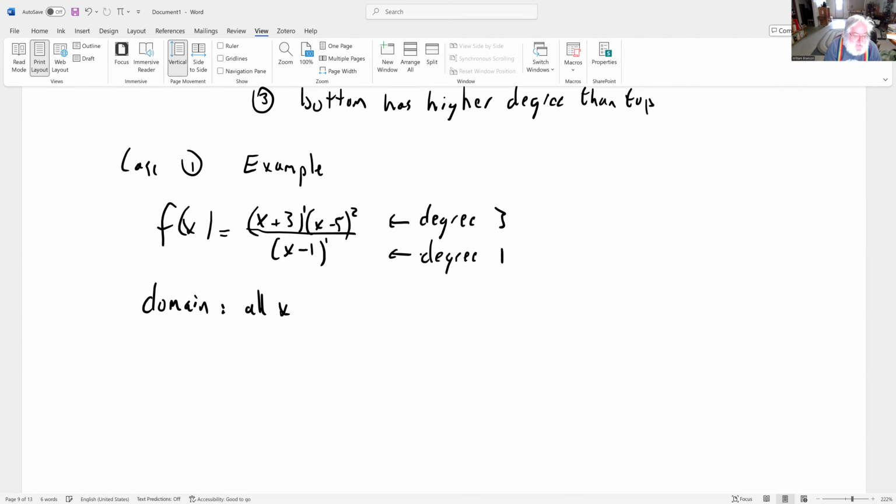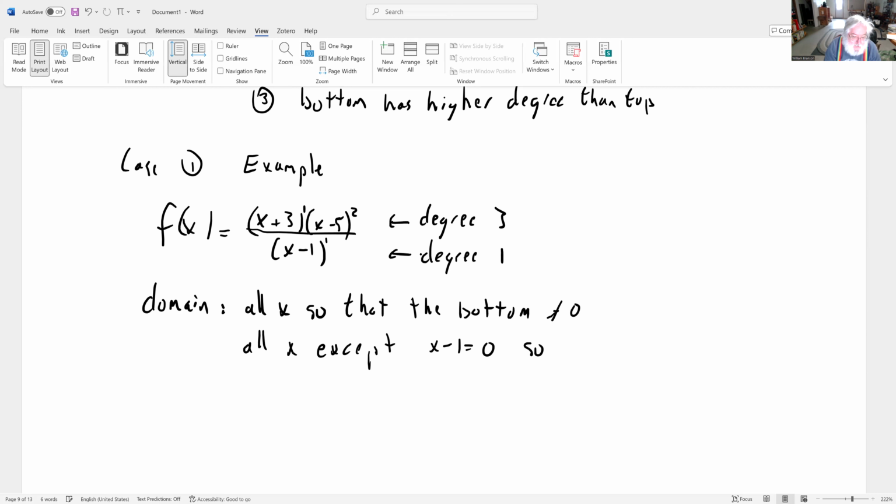And it's all x so that the bottom does not equal 0 because we're not allowed to divide by 0. So all x except solutions to the equation x minus 1 equals 0.